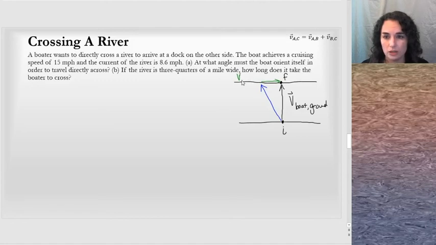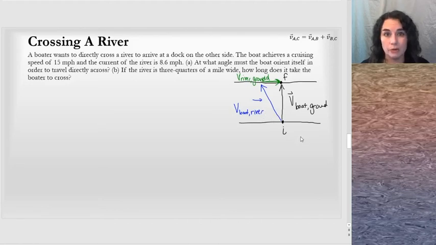So this is going to be the velocity of the river with respect to the ground. Whatever you want to call it that makes sense for you. Velocity of the river with respect to the ground. It goes straight down that way. And then this has to be the velocity of the boat with respect to the river.